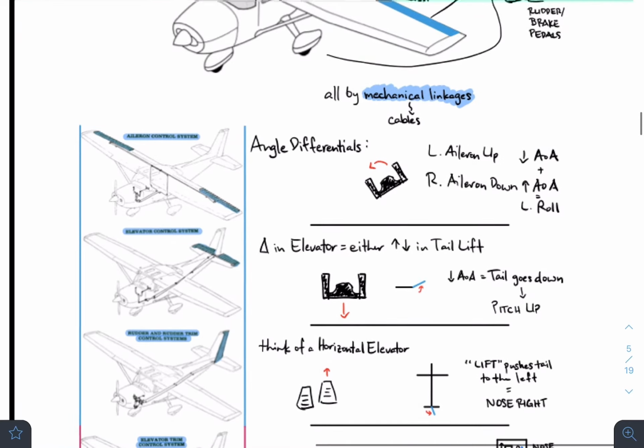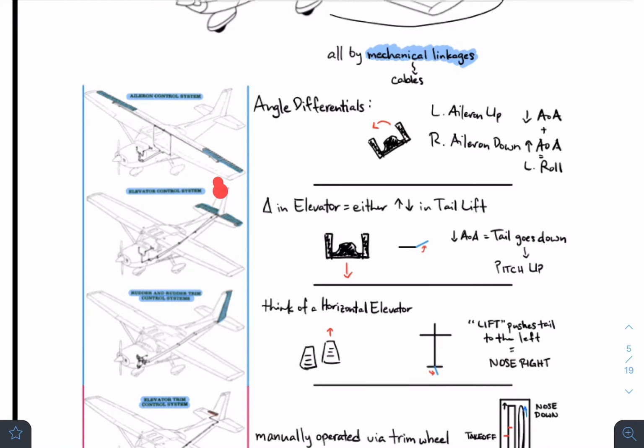So you want to think about it this way. If I'm increasing the lift of the tail, what's it going to do to the rest of the plane? If you increase the lift here, that allows the plane to kind of point down. If you decrease the lift, or not really making it go down, but if you decrease the amount of lift relative to the rest of the plane, that's going to allow the plane to then pitch up.